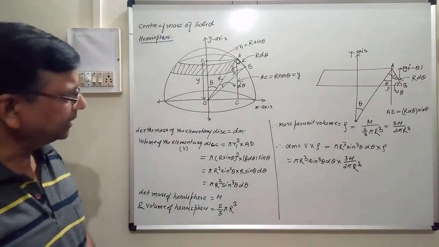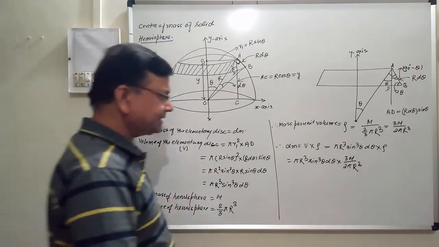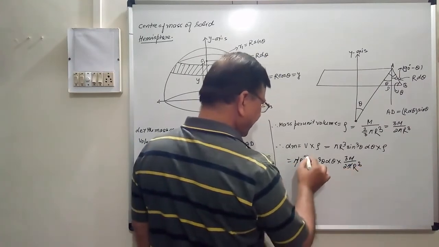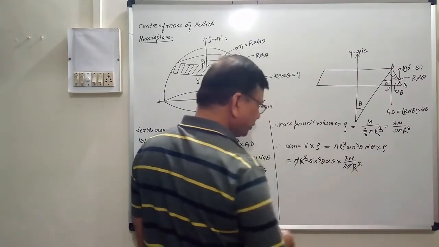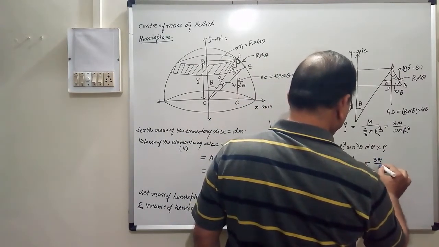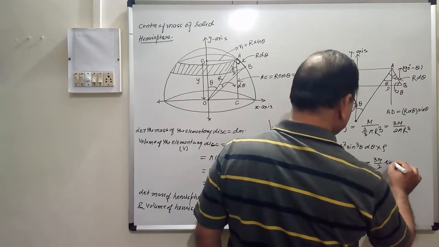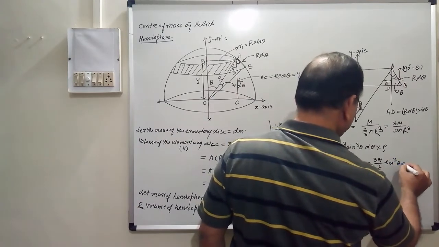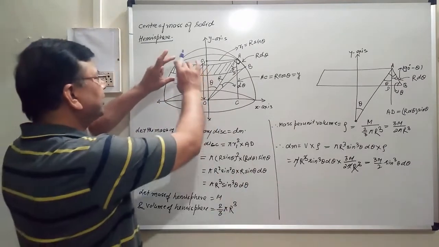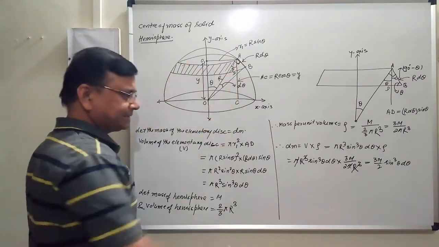Okay, now we can simplify this. See, pi will go with this pi, r cube will go with this r cube, and we will get 3m by 2 sine cube theta d theta. This is dm, mass of this elementary disk.